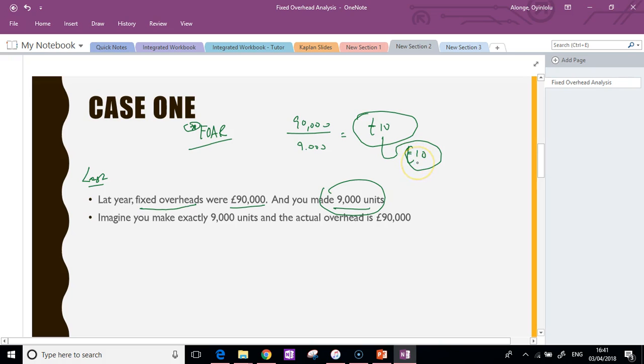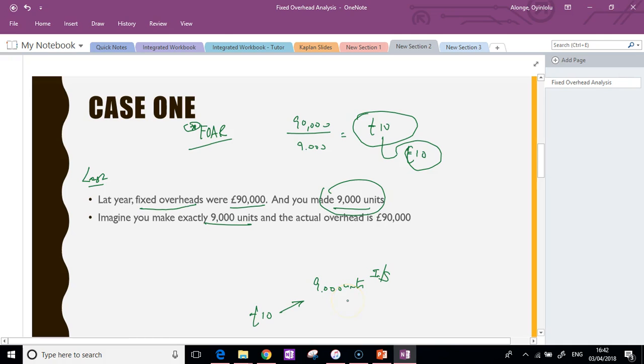Right, now, imagine in this year, we actually make 9,000 units. And you have attached £10 as your FOIR to this thing. You've put £10 per unit. So your income statement, if you like, you've made 9,000. Remember, we're talking about the actual number of units.